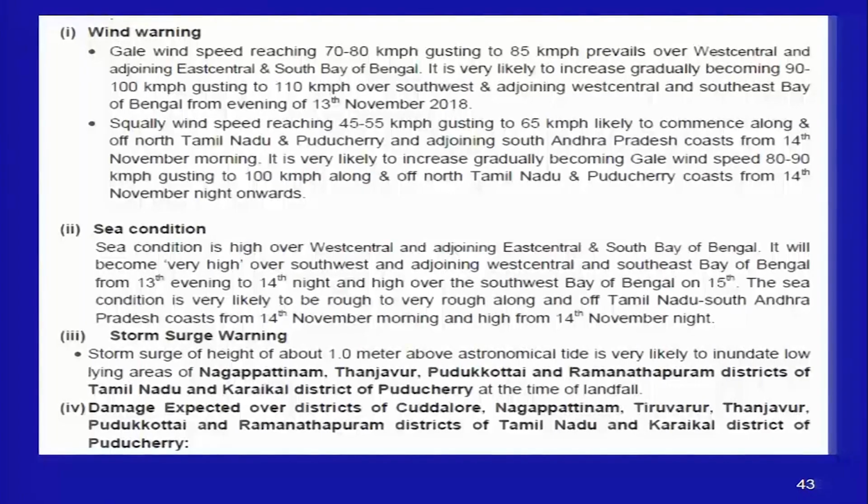And of course, if we understand how far it is going to enter, that is the landfall, and how much area inland from the coast will be affected, depending on that one can go for the evacuation. Then there is again a piece of information on the wind conditions and sea condition, as well as the storm surge along the coastal areas. This information is also provided.